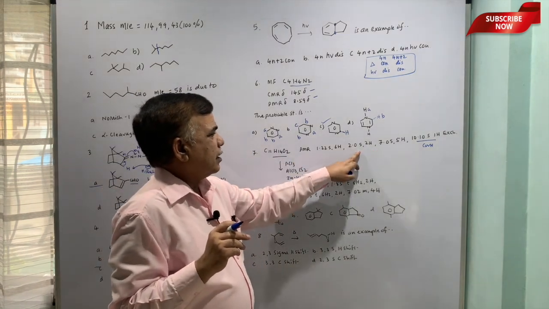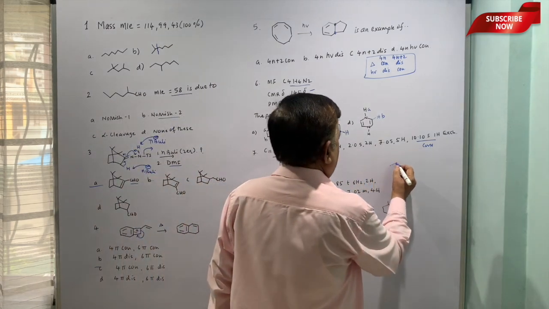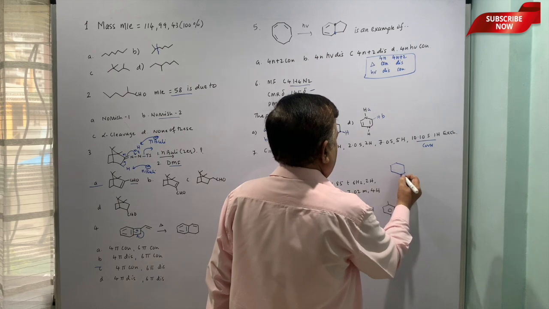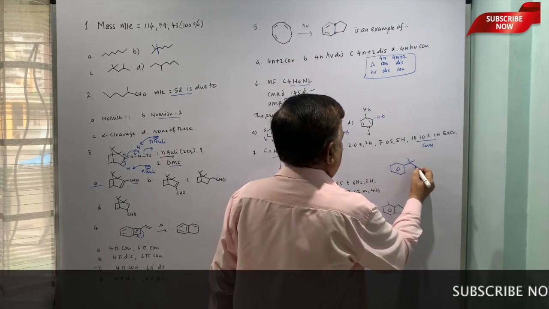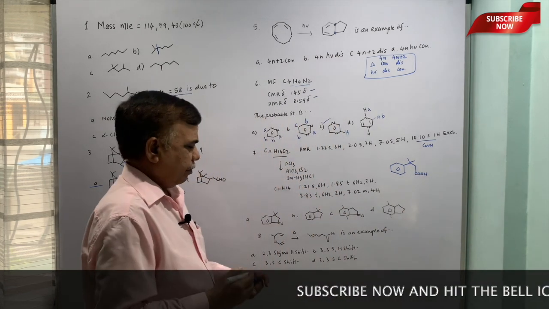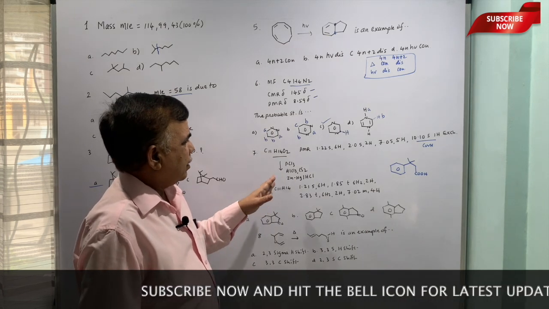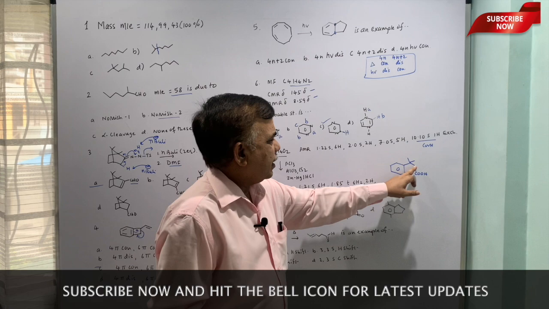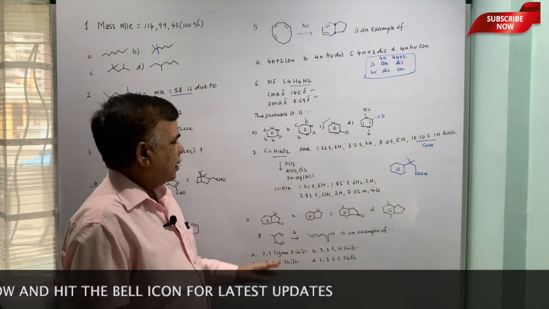This is CH2. So the compound structure, I am going to put the structure, this is COOH. So that is the structure of E. 11, so 6, 3, 9, 10, 11. O2 is there, that is acid.